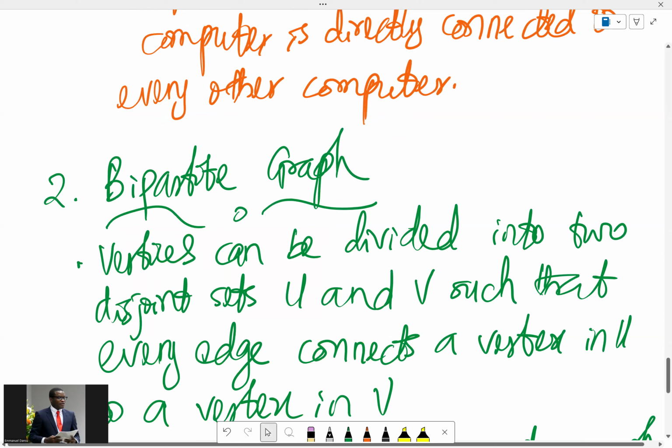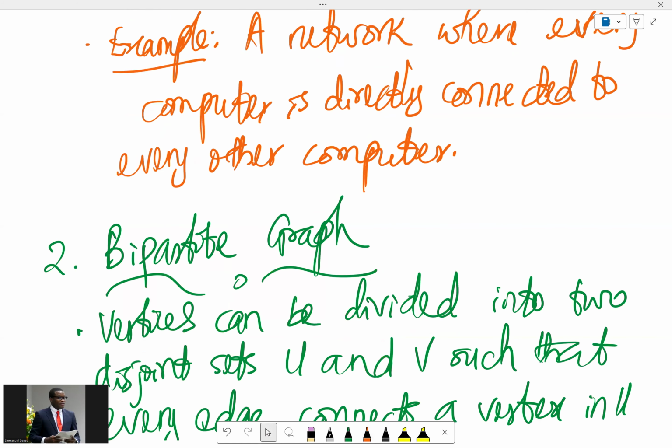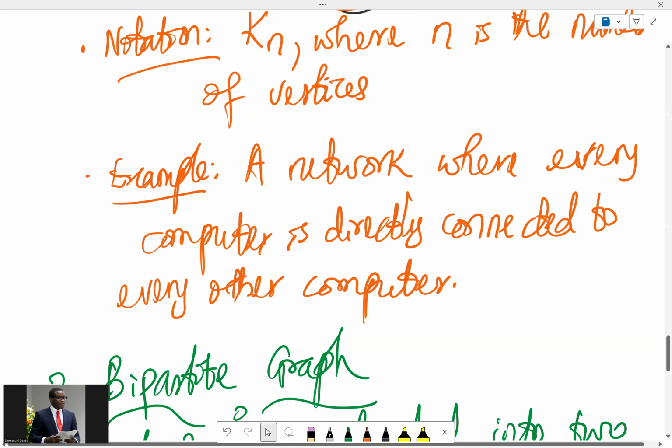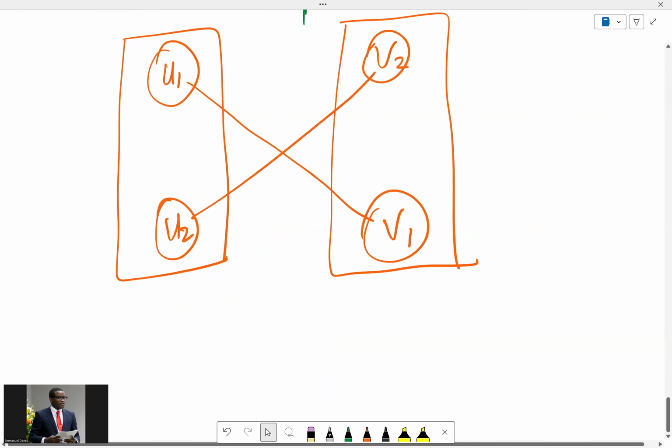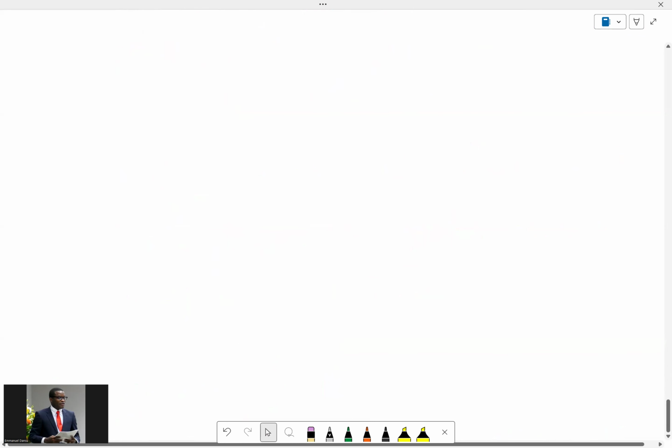Okay. Now we have another special type of graph, which is called a tree. You can already begin to imagine what a tree might look like. So number three, a special graph called tree.